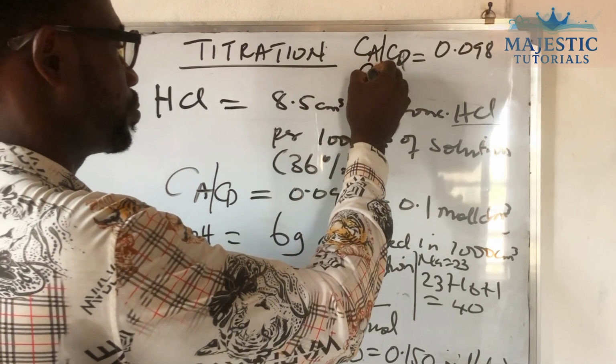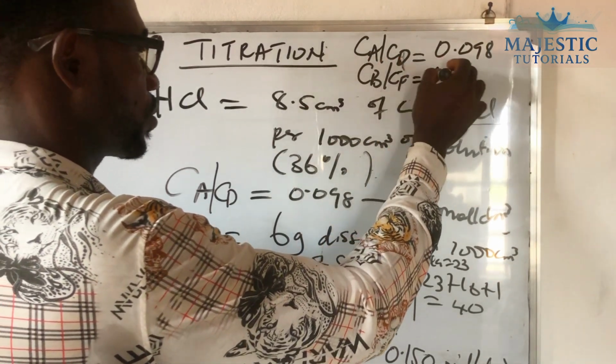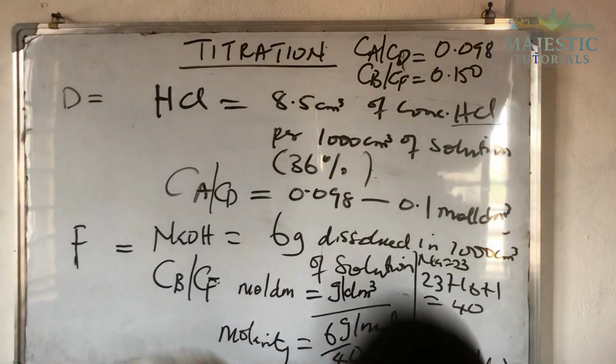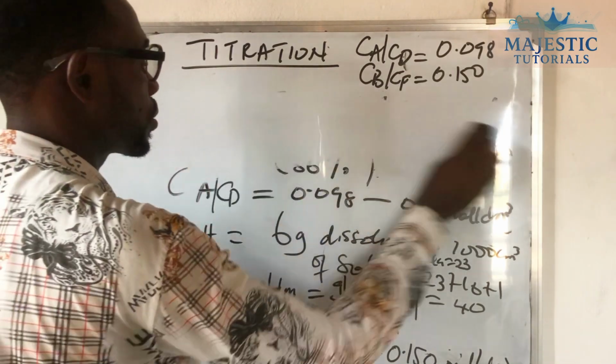Then our CB, which is the molarity of the sample F, is also 0.150. So we can now write the equation of the reaction, and from there we now get the theoretical endpoint.